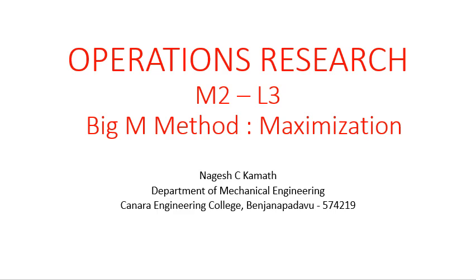In this session we will be discussing the Big M method, which is a type of artificial variables technique. The Big M method is used whenever the constraints of an LPP model are of greater than or equal to type.